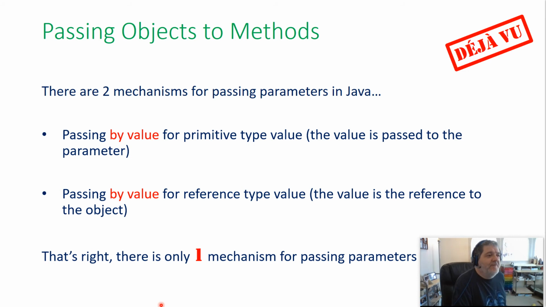So people say we pass primitive data types by value and we pass objects by reference. What they mean is that we pass a reference, which is a very special type of value that allows the method to modify the object once it has a reference to it, okay?